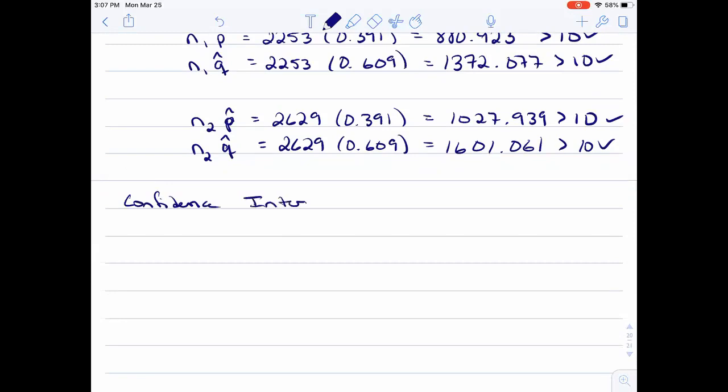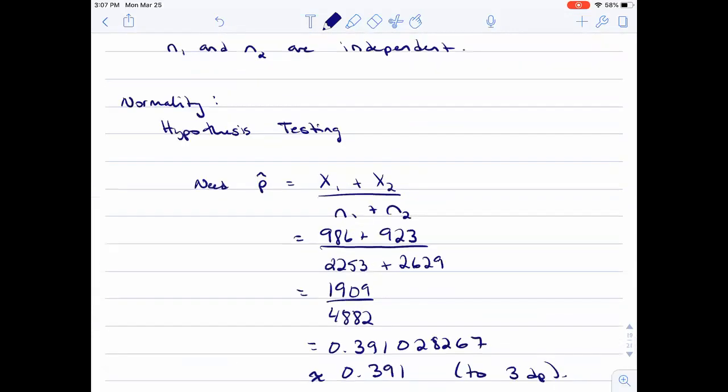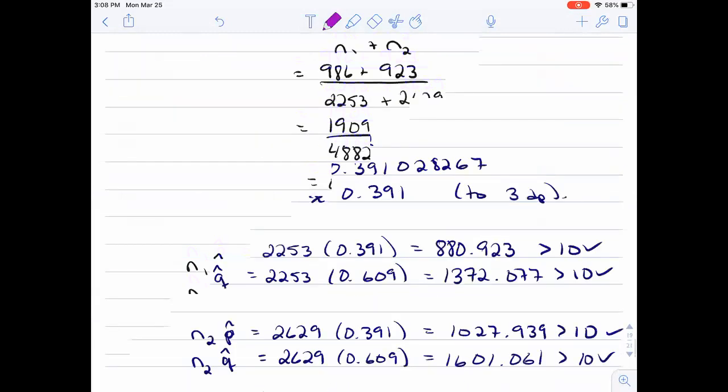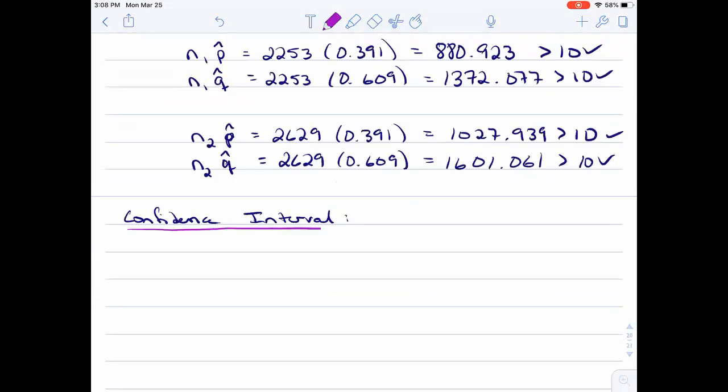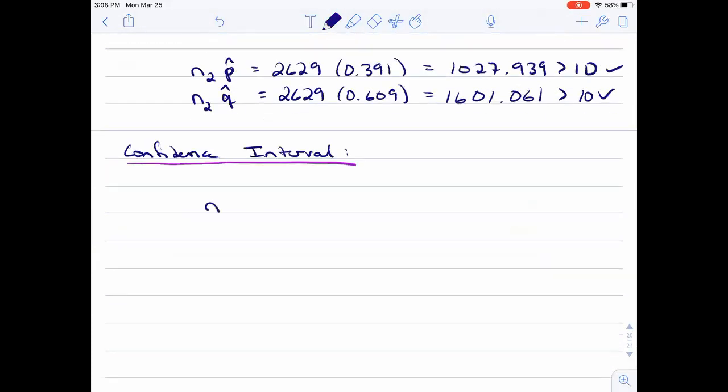For the confidence interval assumption, because we're about to do hypothesis testing and a confidence interval, we also have to check this. n1 p1 hat is just x1, which is 986, greater than 10.